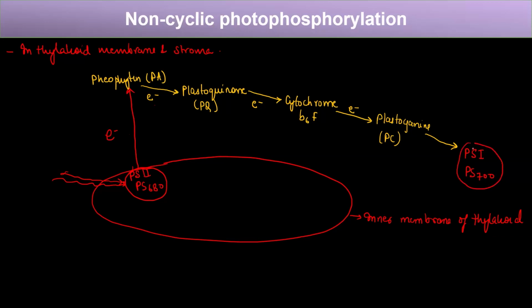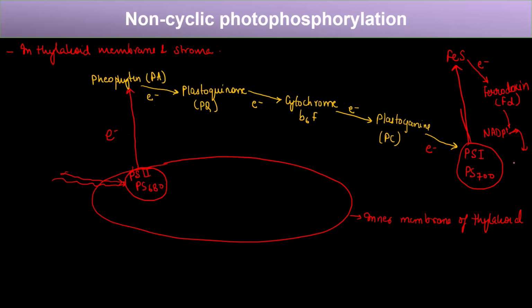Now, once it receives the electron, it will get excited and transfer the electron to FES. And this FES will transfer the electron to FD, that is ferredoxin, represented by FD. And then it will lead to the catalysis of a reaction known as NADP plus to NADPH conversion.